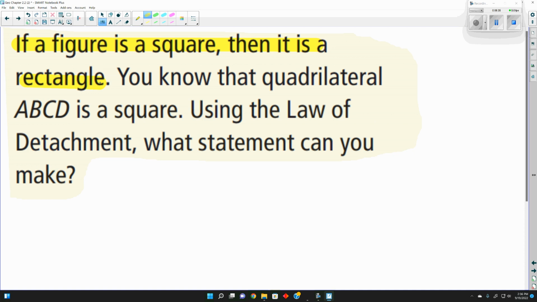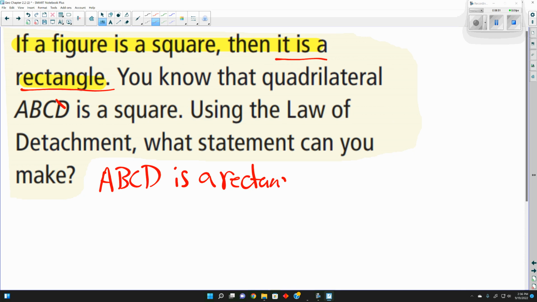Yeah, so what can we say? The conclusion must also be true. And what's the conclusion? ABCD is a rectangle. If the hypothesis is true, then the conclusion must also be true.